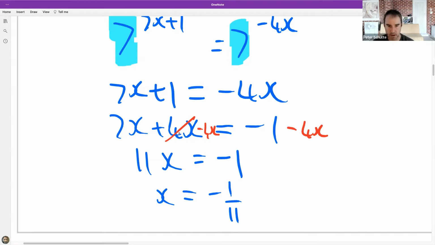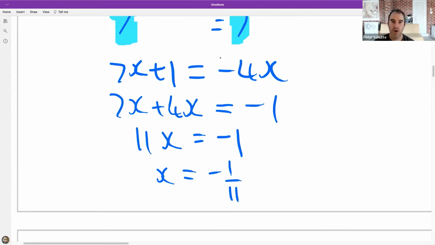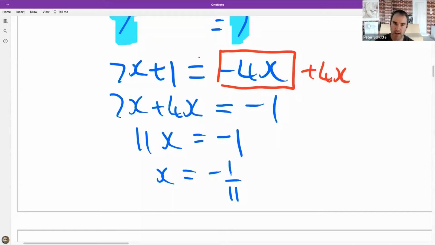I'm making stuff up now. Sorry, guys. Let me go back to where I was. So at this point, I wanted to move the minus 4x across. And so I just added 4x to both sides. And then I took away 1 from both sides in order to get the 1 across. And so that's my final answer.